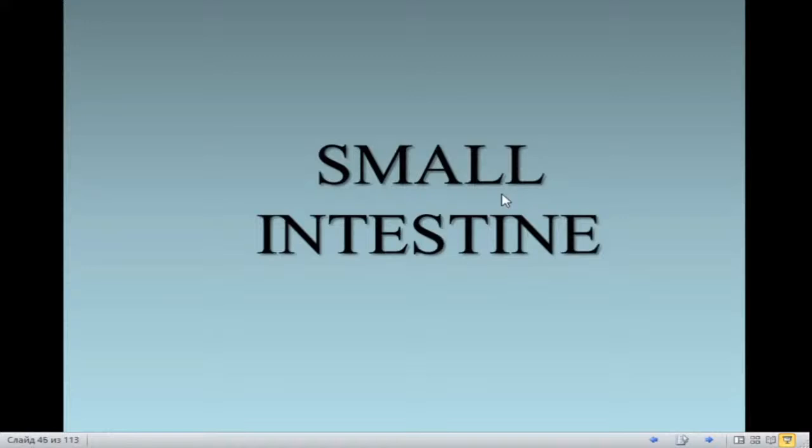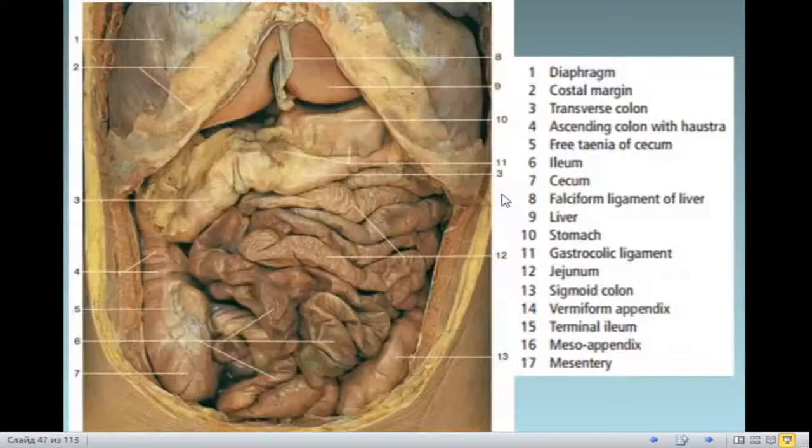Next, the small intestine, after the stomach, where mostly proteins will be denatured and absorbed. The major function of the small intestine is to process fats and fat-soluble substances.